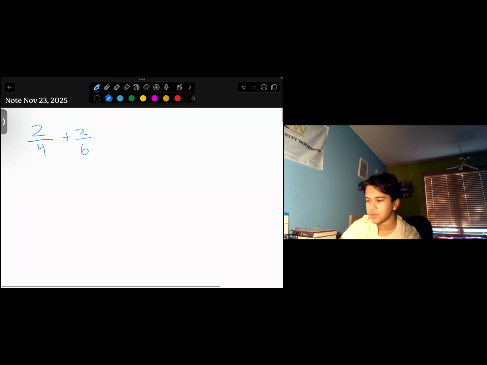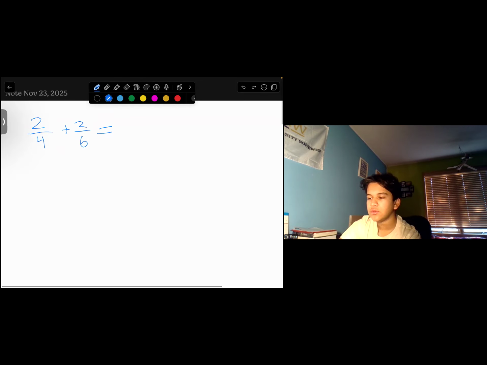What is this equal to? So we can't just add the top and the bottom together because the bottom numbers aren't the same. That means you'd be adding a different value of 2. There wouldn't be 2 on both of them.